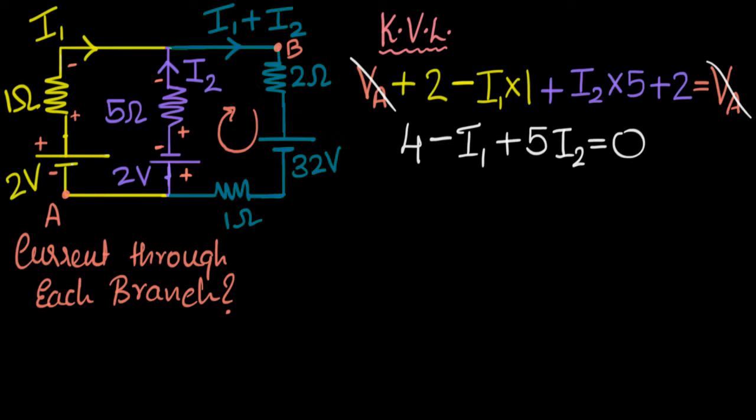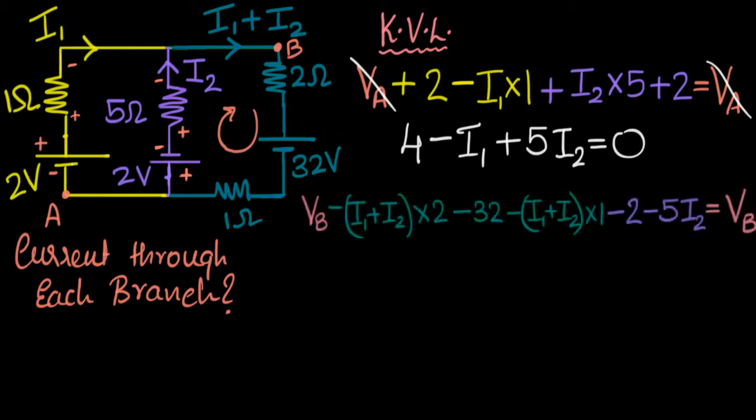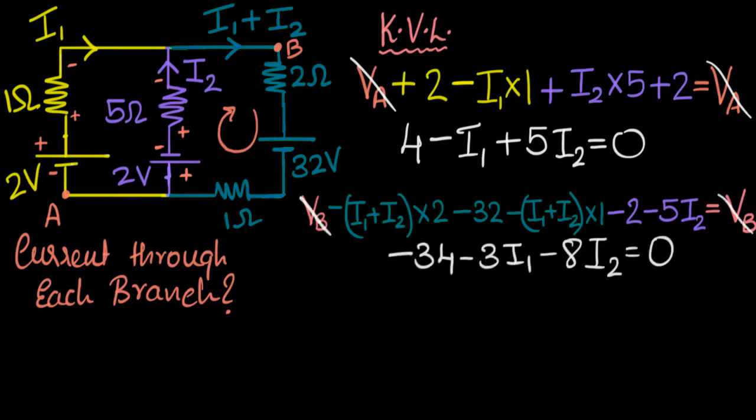All right, if you've given this a shot, this is what you end up with. I didn't want to spend time again writing the whole thing, but you can pause the video and confirm that this is what you got. And if you reduce that, you will eventually end up with this equation. Of course, if we had gone the other way around, you would have gotten all positives, but the equation would have remained the same.